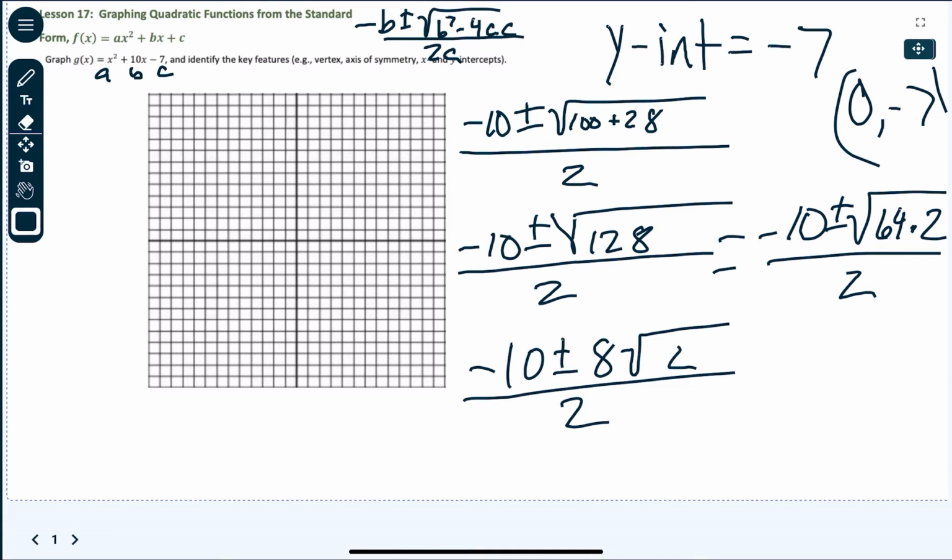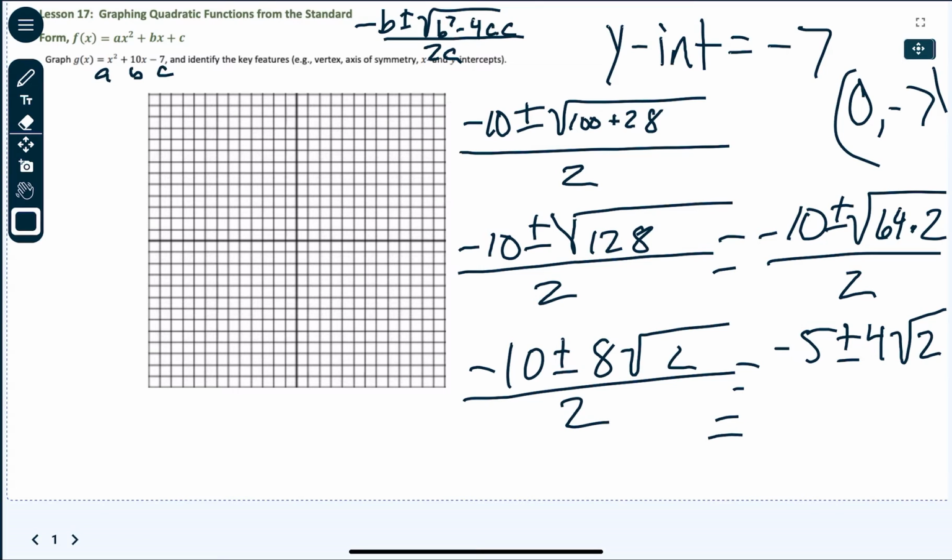Now remember, when this is divided by 2, we have to divide each term by 2, right? So we would have negative 5 plus or minus 4 square roots of 2. We divided the 10 by 2 and the 8 by 2.